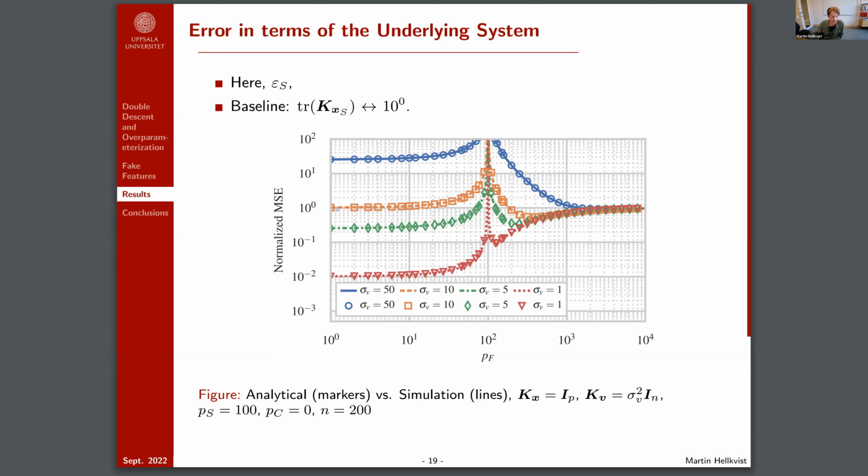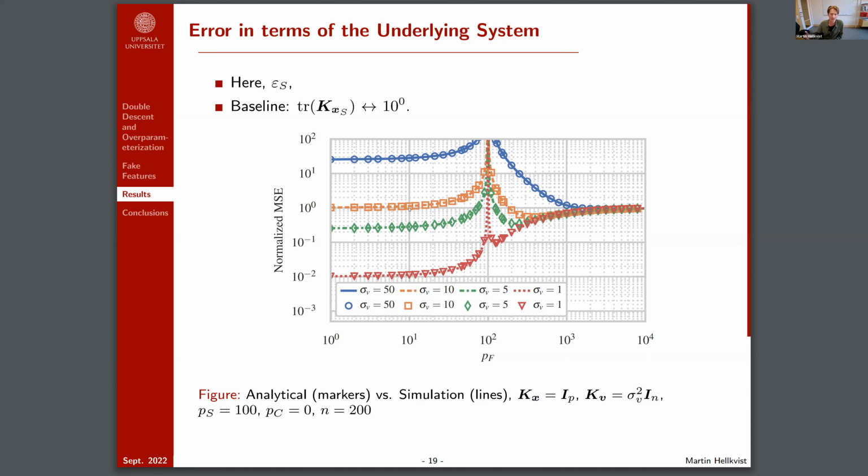So you can note here that adding a lot of fake features, even into the overparametrized regime, the error of the orange curve will actually be lower than it was without any fake features, which is far to the left. So adding this irrelevant fake data can actually make us learn more about the underlying system here.